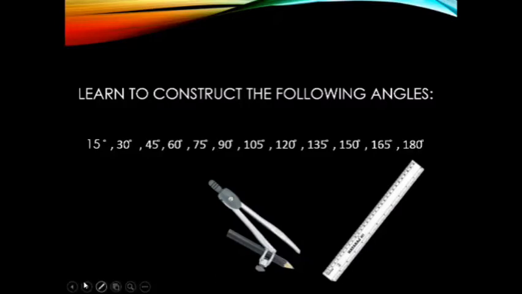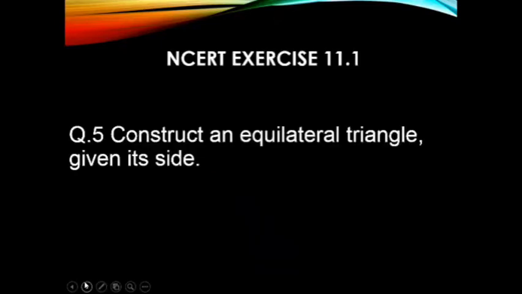Now let us get to one question which you have to solve separately. That is question number 5 of your NCERT exercise 11.1, which says, construct an equilateral triangle given its side. So the question is asking us to make an equilateral triangle with a given side. Let's get started with that.